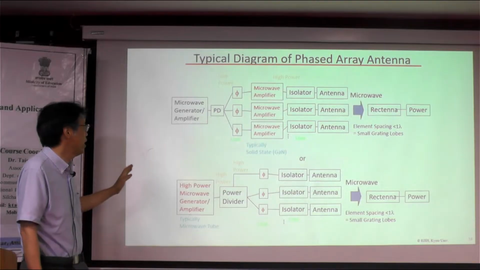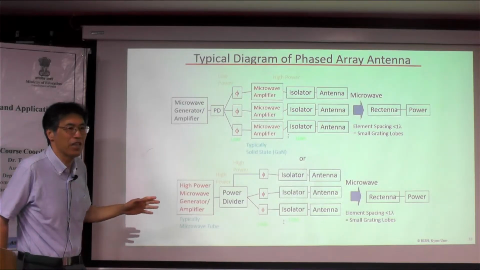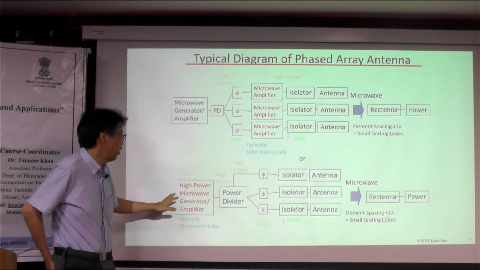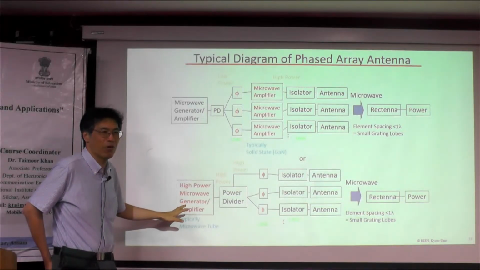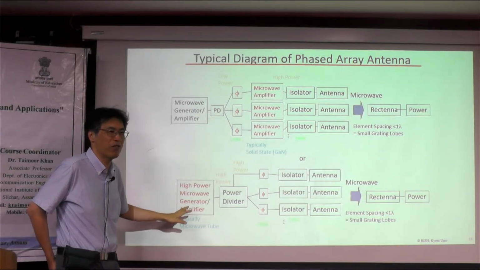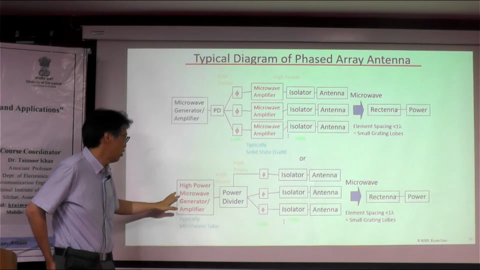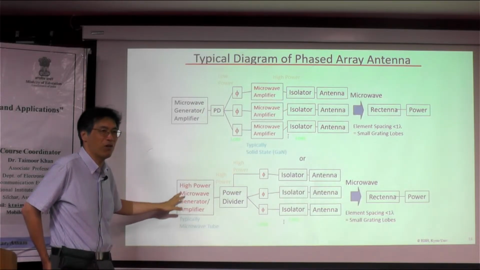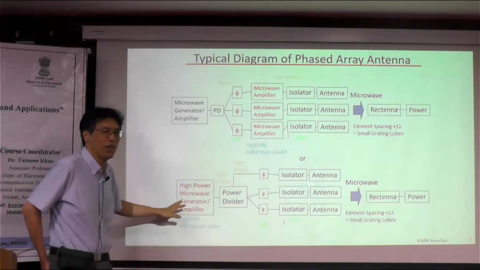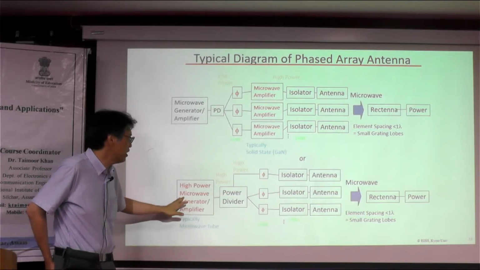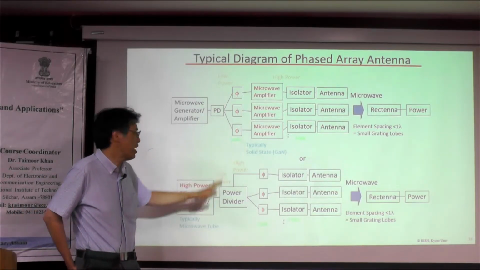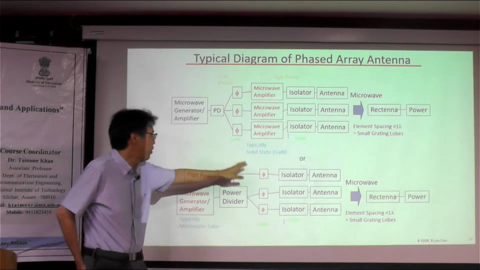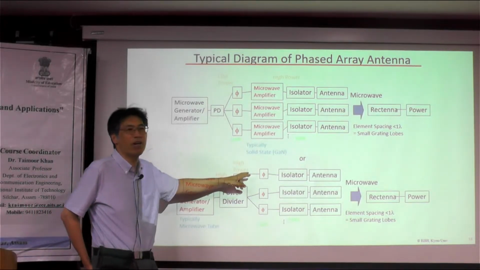But we have the other kind of phased array antenna. Originally, we can generate high power microwave. For example, we sometimes adopt a magnetron, etc., generating 100 watts directly or 1 kilowatt directly. And in this case, we don't need any power amplifier, but we have to install the phase shifter at the high power stage.